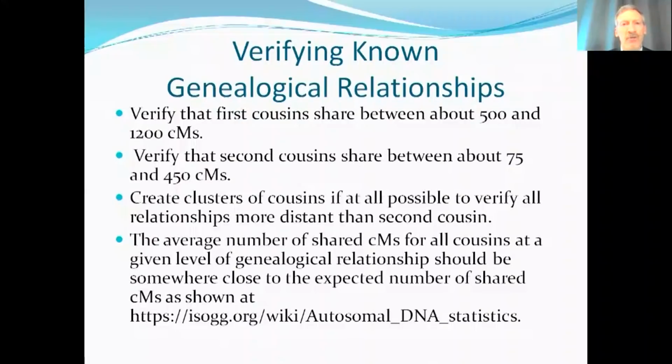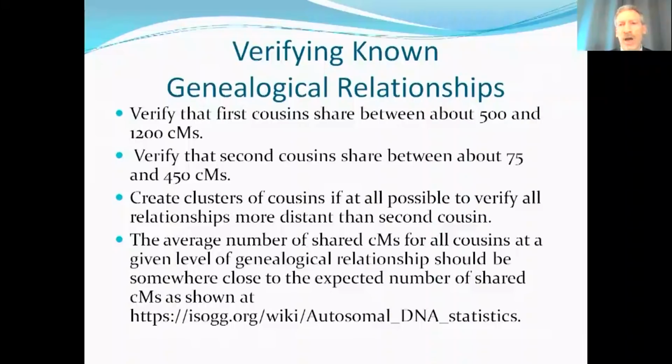You're trying to verify that your biologic family tree is the same as the genealogical family tree that you have been researching for all of these years. The other thing you want to do is create clusters of cousins, if at all possible, to verify that the relationships more distant than second cousin are actually true.